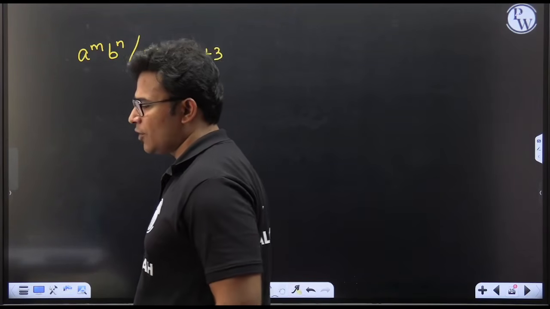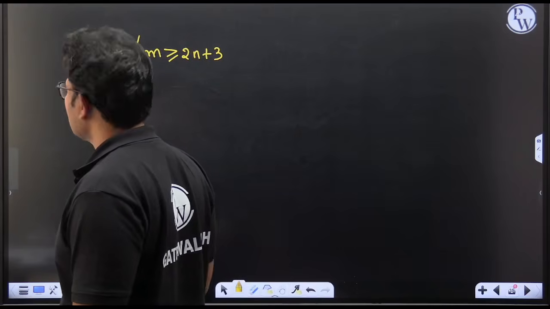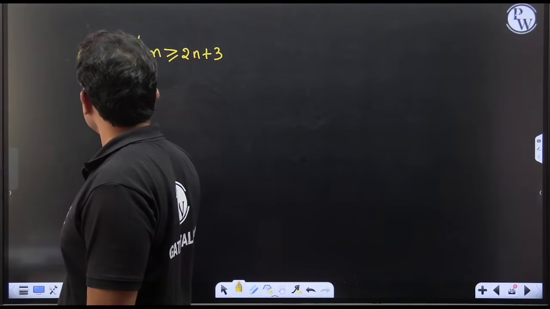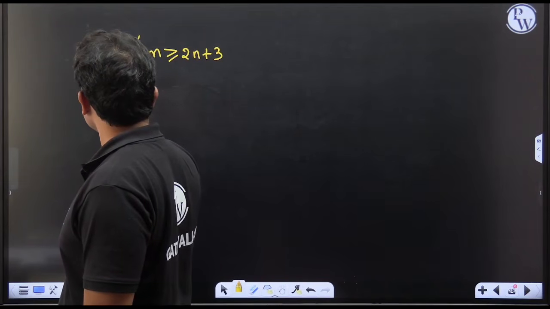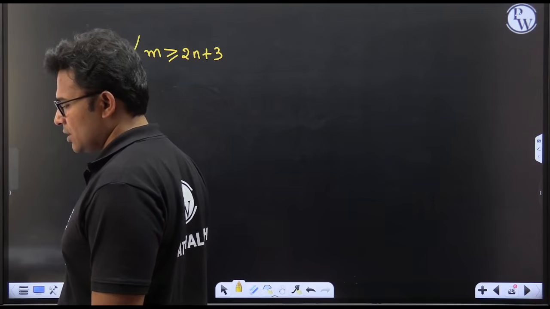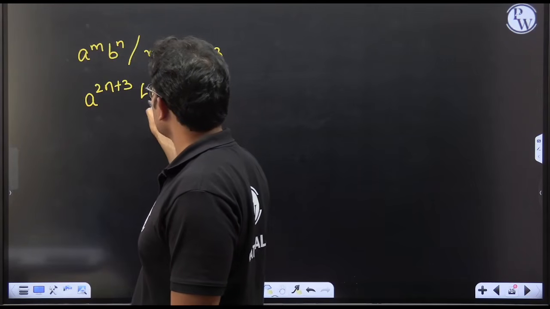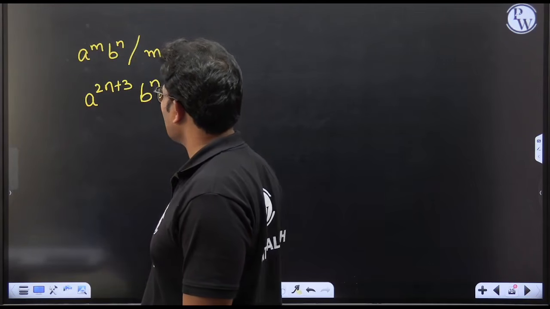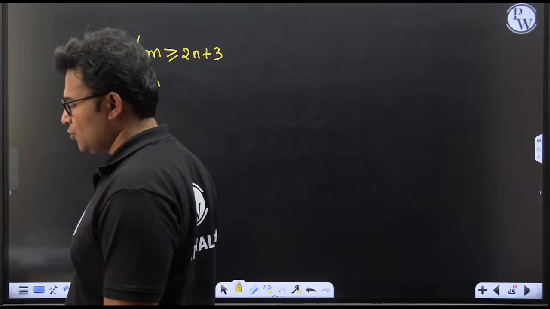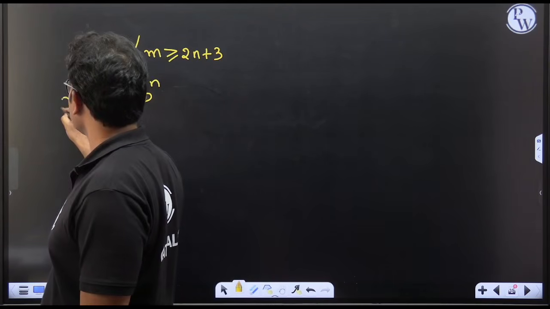So a power 2n plus 3, b power n. You can write it like this, and then you can put a star in the beginning.